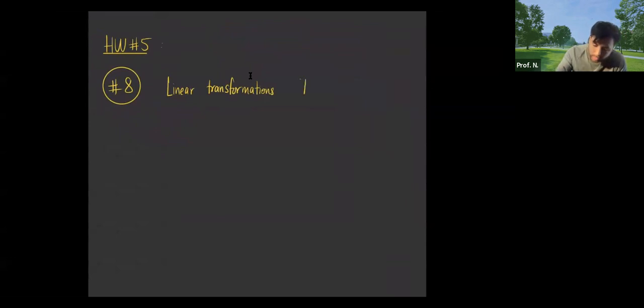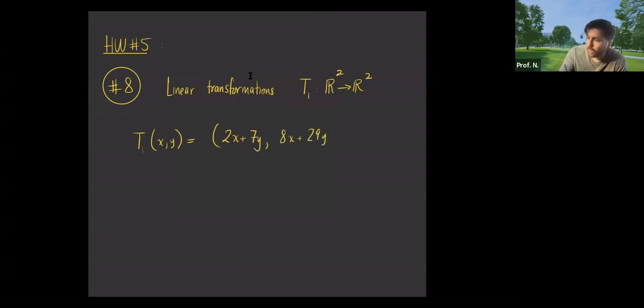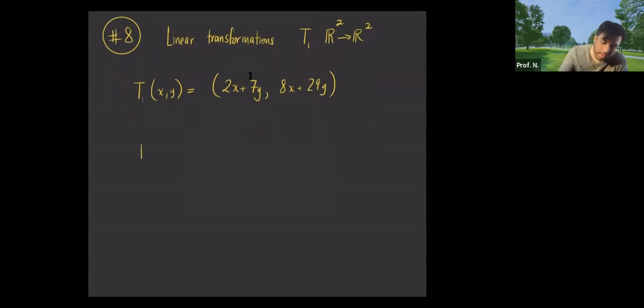This is T1, which goes from R2 to R2, and they're telling you what the linear transformation is: 2x plus 7y, 8x plus 29y. They're saying find the inverse. So they're asking, what is the inverse transformation?